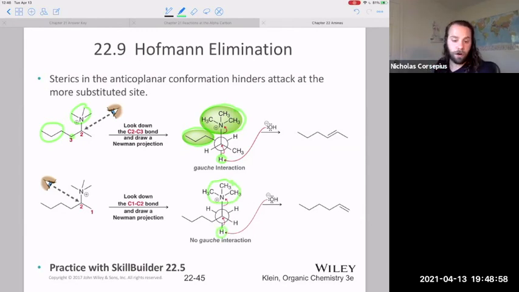Notice that we avoid those gauche interactions in this rotational conformation. So, long story short, the Hofmann elimination, forming the less highly substituted alkene, which isn't what we expect normally, is what happens when nitrogen is the leaving group in the elimination, or more specifically, when that quaternary ammonium ion is the leaving group.